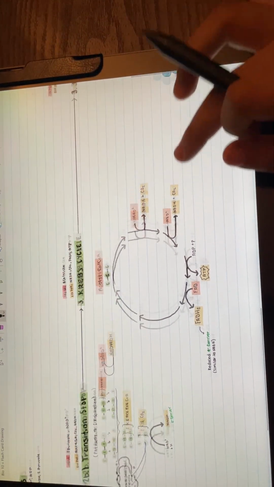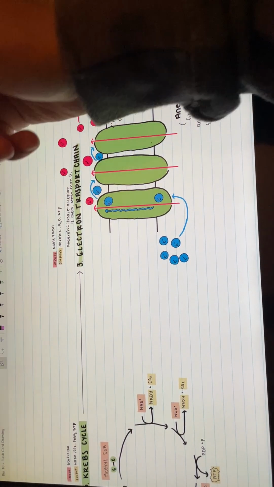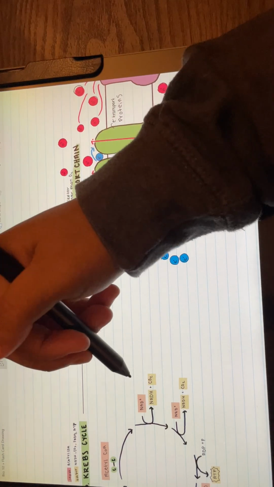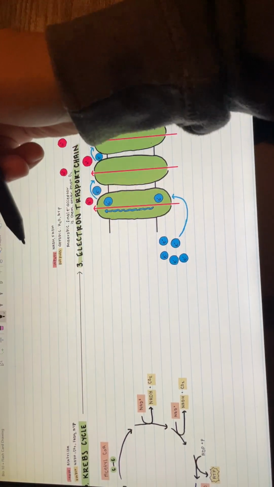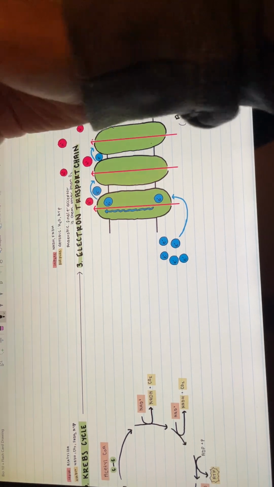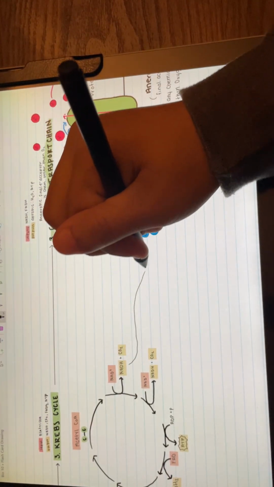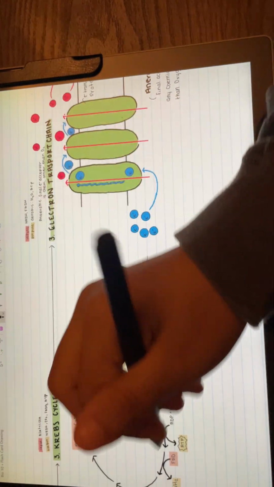We can move on to the electron transport chain, and we'll take what we received from the Krebs cycle, which is NADH and FADH2. So we can go ahead and move those all the way. Great.